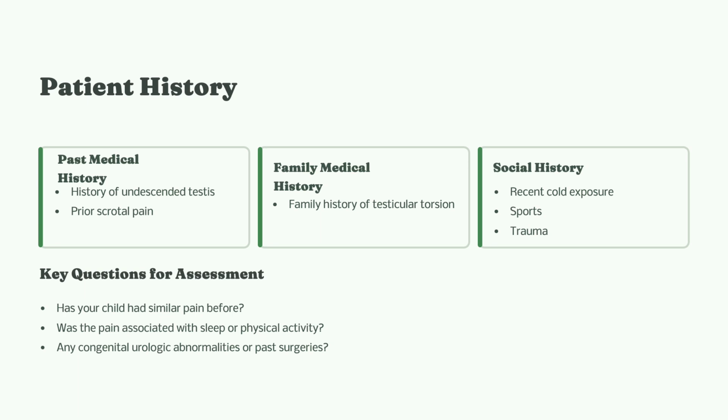Some key questions to include: timing. When did this start? It's very important that we find out when it first started so we're able to get them the intervention if it is testicular torsion. And then previous episodes and any prior urologic issues. All of these things are important to consider when thinking about our differentials.